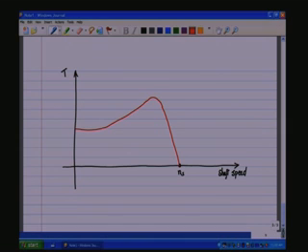Now let me divide the torque characteristic into two portions. That is, this is the operating zone.